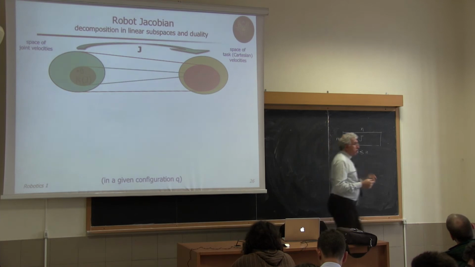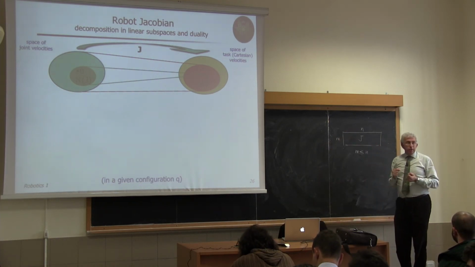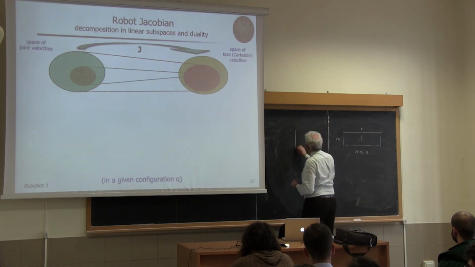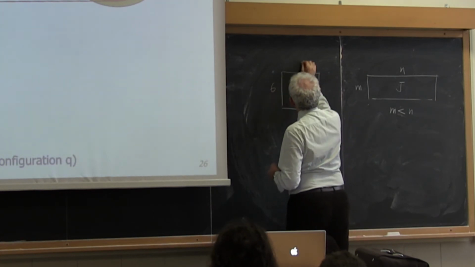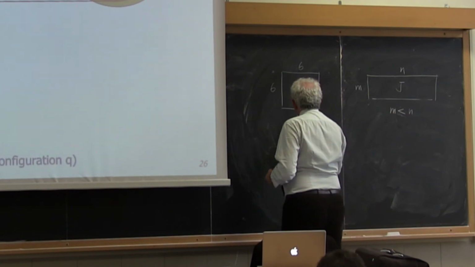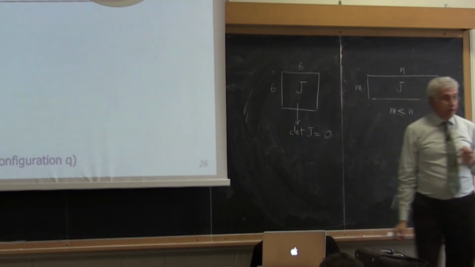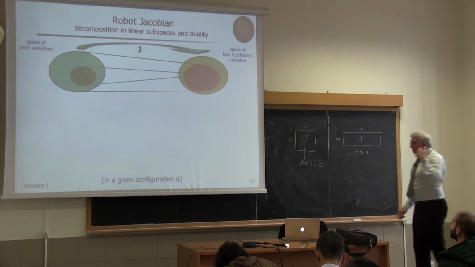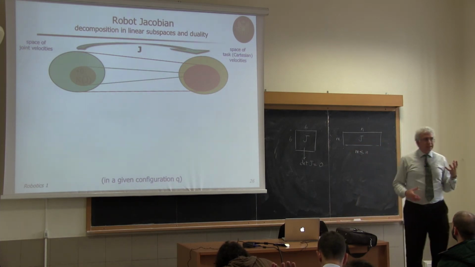Pay attention, this is not the only situation where you can have a non-vanishing null space. The same happens if you have a square Jacobian, let's say a 6 by 6 Jacobian, and the determinant of the Jacobian is 0. So you have a singular situation, and now the singularity becomes an important object.